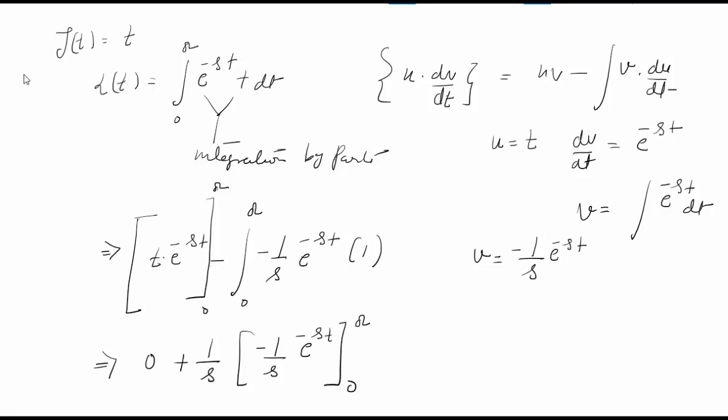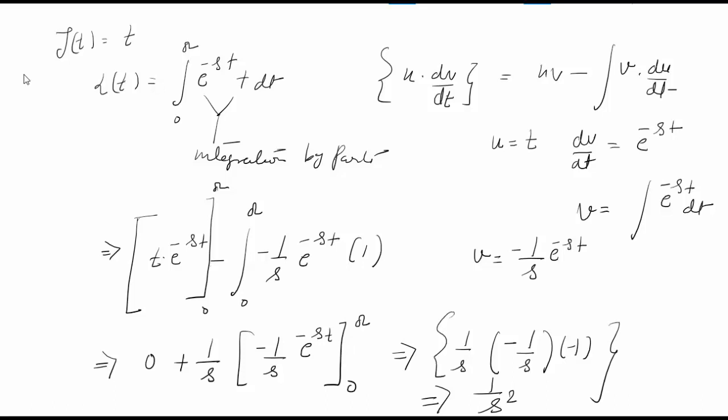Evaluating, it comes as 1 upon s into minus of 1 upon s into minus 1, which is 1 upon s square. So the Laplace transform of t is equal to 1 upon s square.